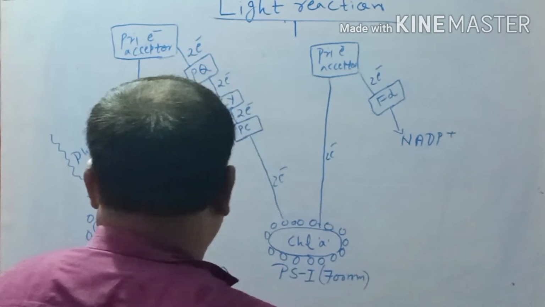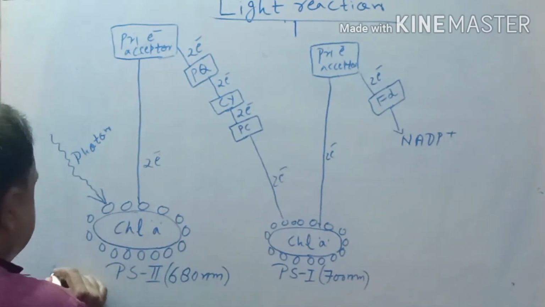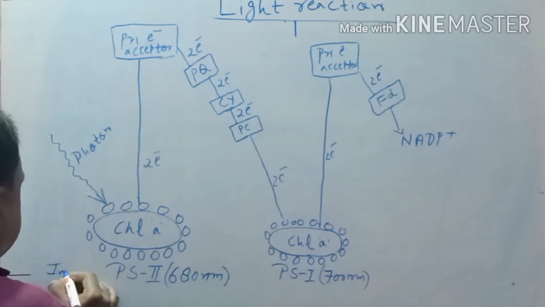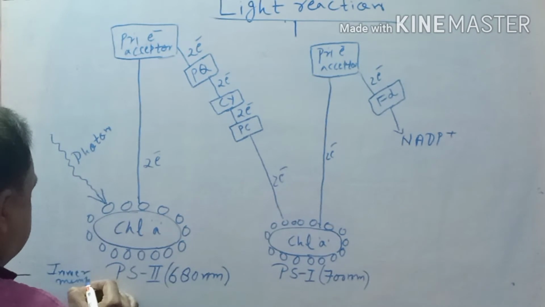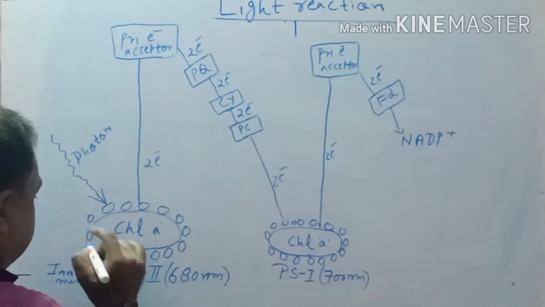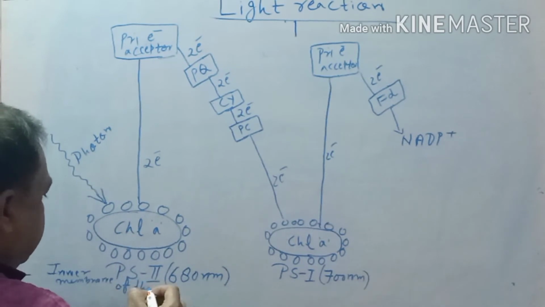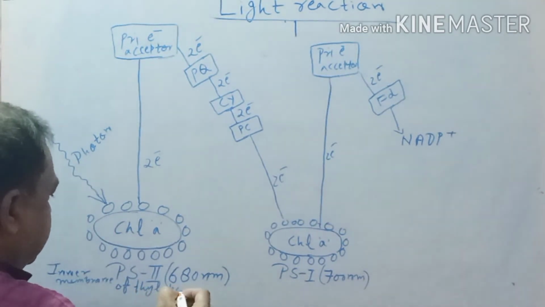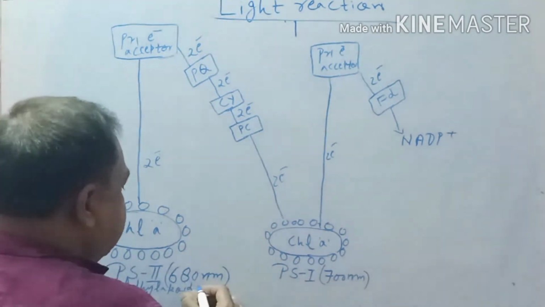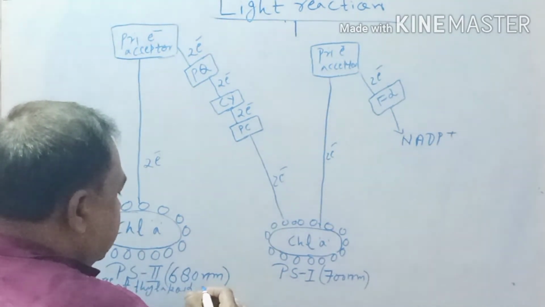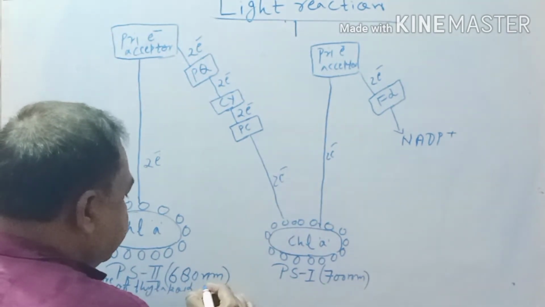After that we will see that at the inner membrane of thylakoid, splitting of water takes place.